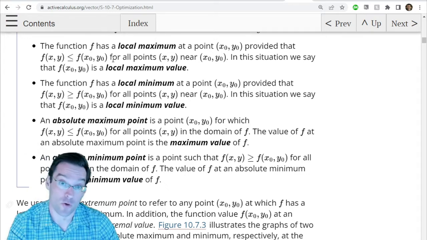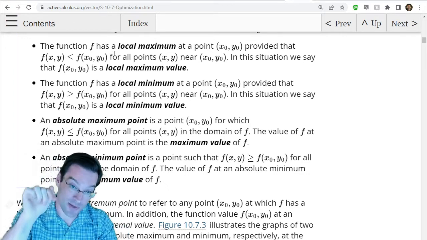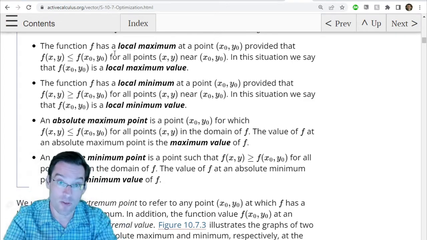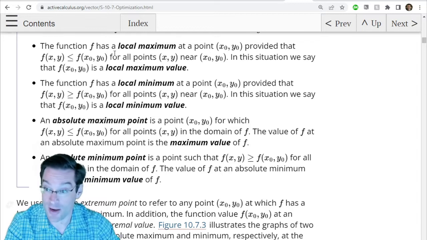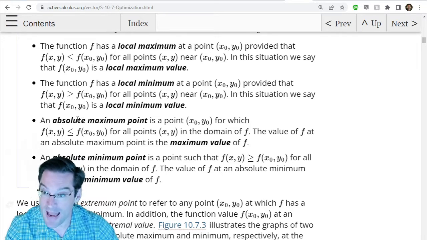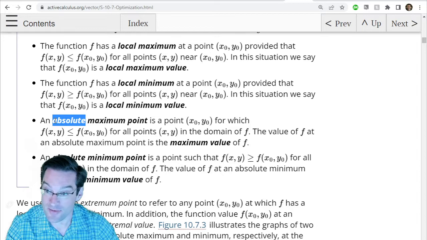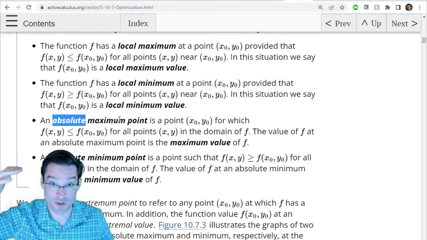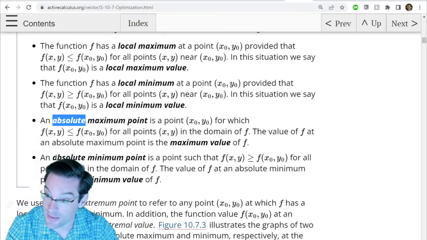And conversely, a local maximum means that the function's value at that point is greater than, strictly greater than, the value of all the points in the neighborhoods that surround it. And then if we use the word absolute instead of local, what that means is that this is the largest value that f achieves on its entire domain of definition, whatever that domain happens to be. And then same thing for absolute minimum.